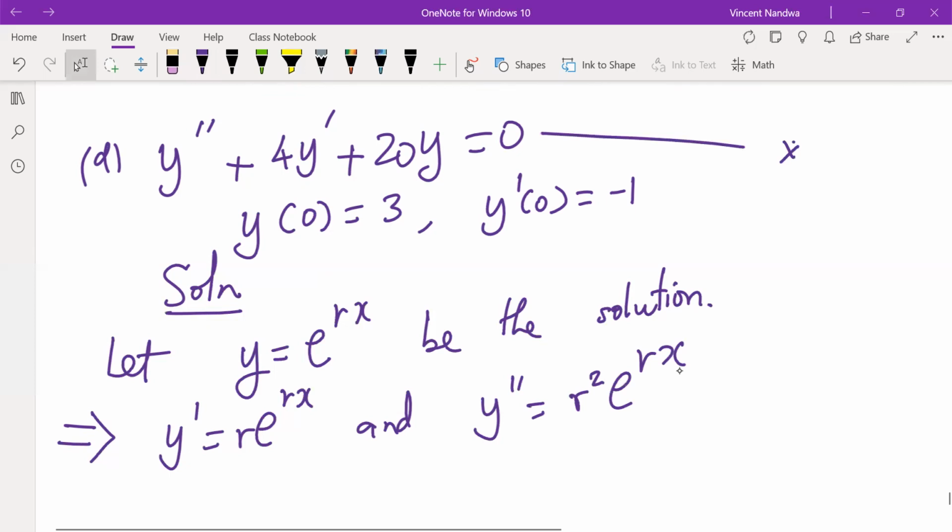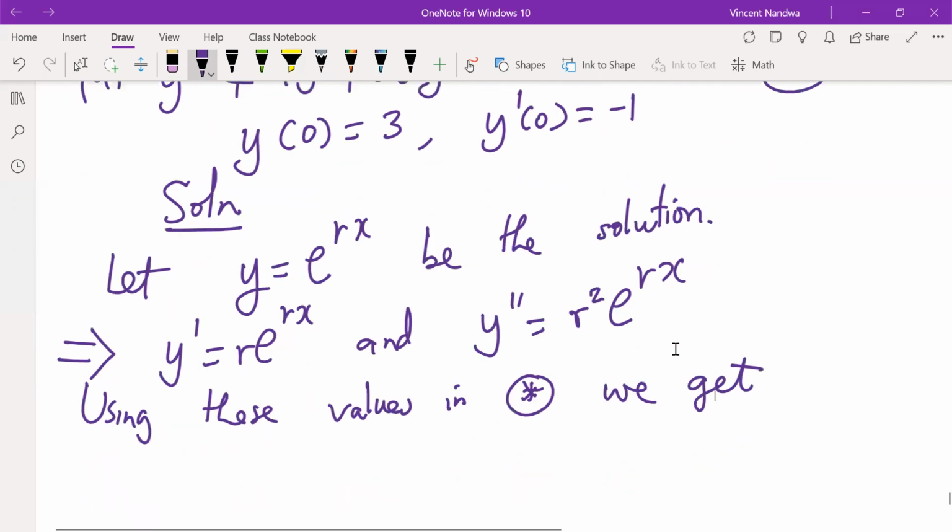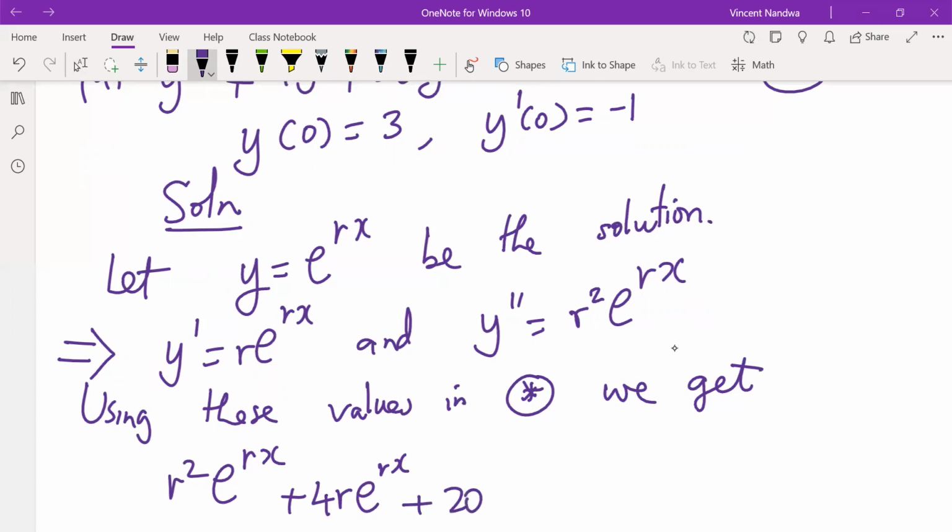If I call this one star, using these values in star, we get r squared e raised to power rx, and then plus 4r e raised to power rx, and then plus 20 e raised to power rx equals 0.